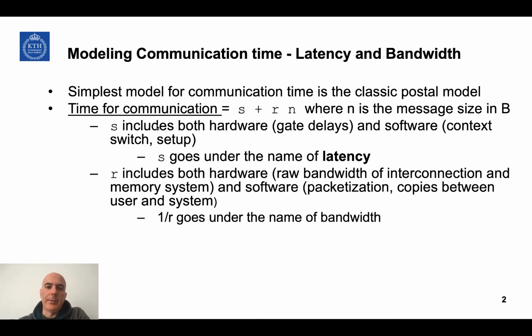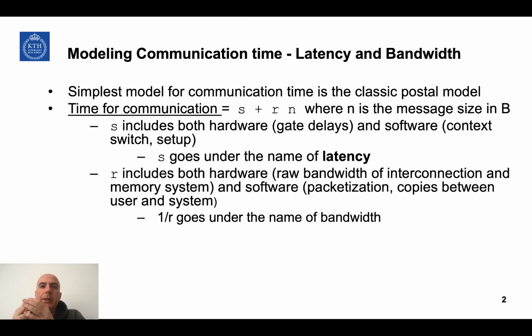S includes both hardware, for instance gate delays, and software, like a context switch or setup of the communication. So this constant, that is fixed for any communication system in the postal model, goes under the name of latency. R includes both hardware, as for instance raw bandwidth on the interconnection and the memory system, and software.